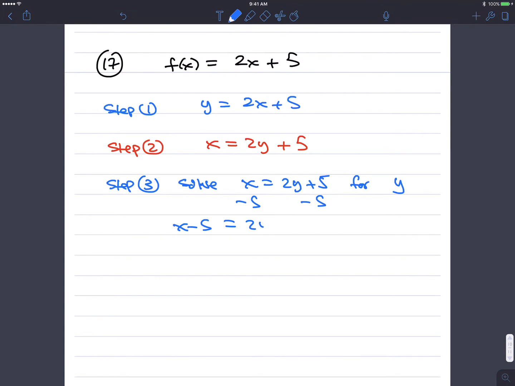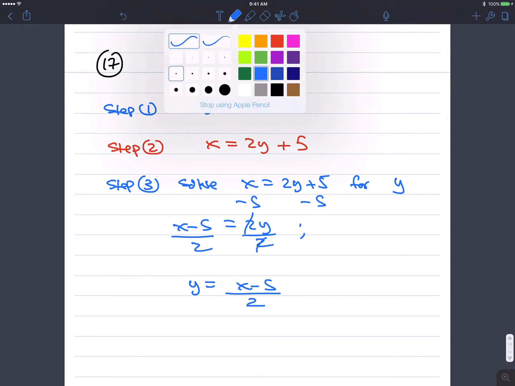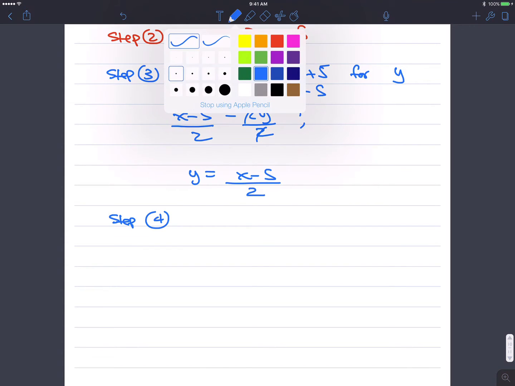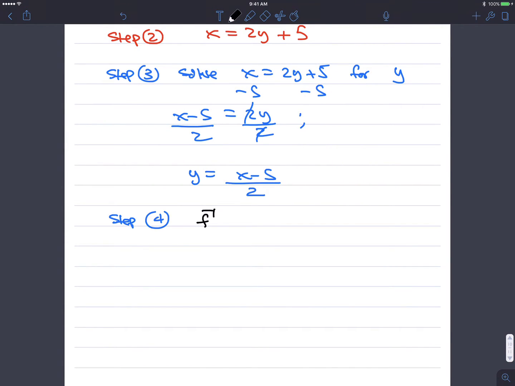X minus 5 is 2y. Divide both sides by 2. And y is x minus 5 over 2. Final answer. Step 4. What's my final answer? F inverse of x is x minus 5 over 2.